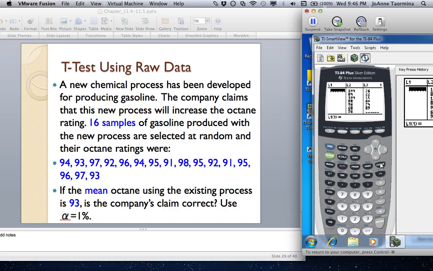Make sure you do have 16 of them when you enter them. 94, 93, 97, 92, 96, 94, 95, 91, 98, 95, 92, 91, 95, 96, 97, 93.